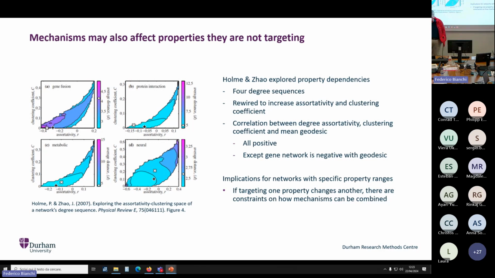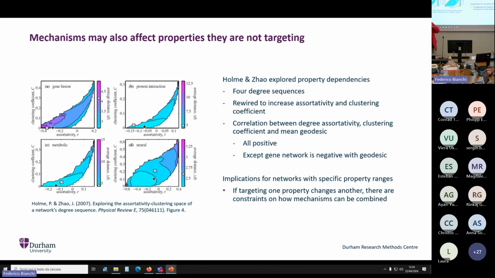The other thing I wanted to point out, and I do have enough time, is that some of the properties are interdependent. So if you push one property, you might be pushing another. This is a paper, Hong Zhao, that looked at four networks, not social networks. They're things like metabolic, gene function and so on. What they found was that assortativity and clustering coefficient are positively correlated.